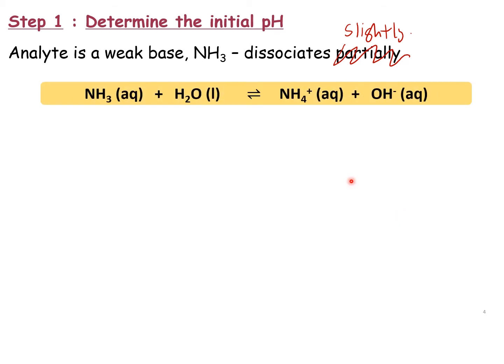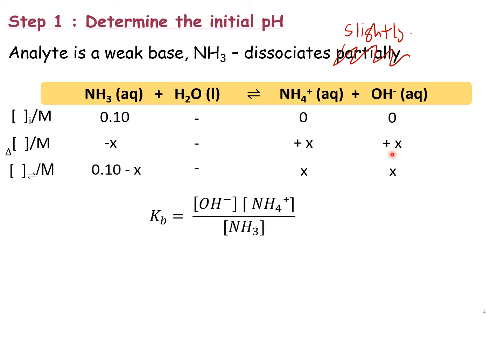Our equation, ingat, weak base mesti ada water, akan dapat NH4 plus and OH minus. So, kita punya table, kita gunakan concentration, dan H2O kita abaikan. Initial concentration 0.1, NH4 plus kosong, OH minus kosong. Changes minus X, plus X, plus X, and then at equilibrium.